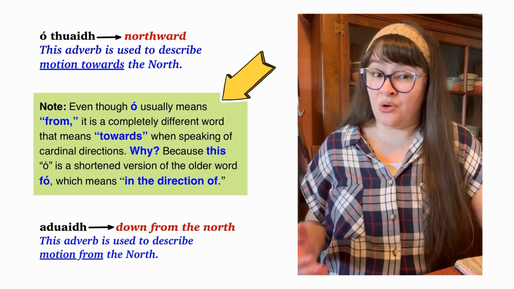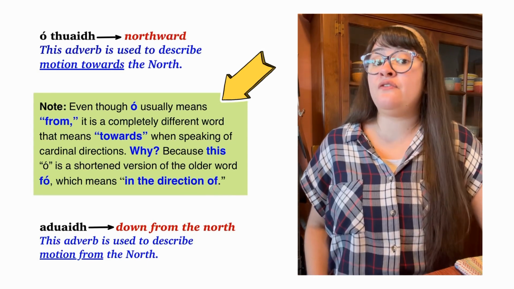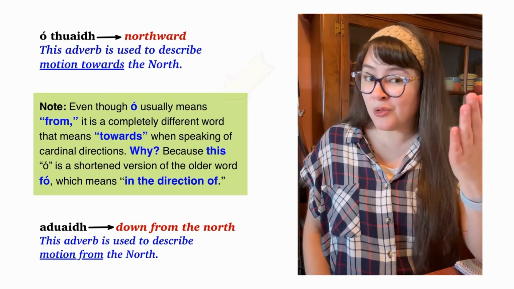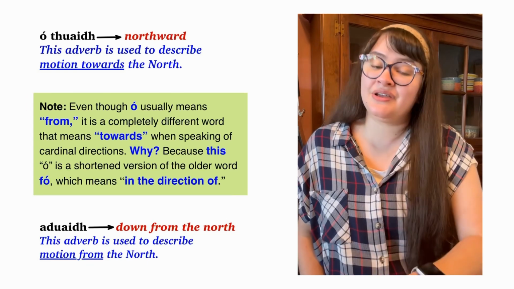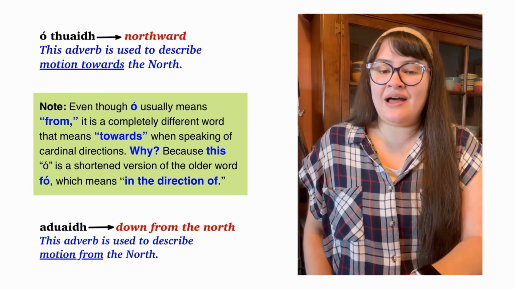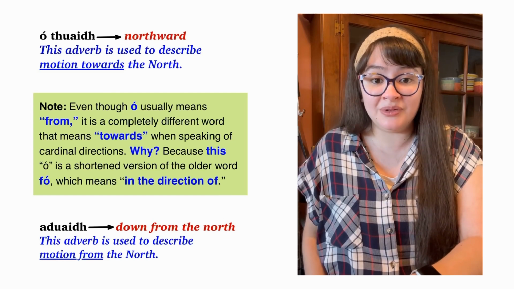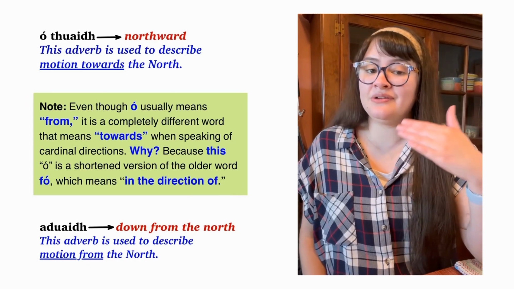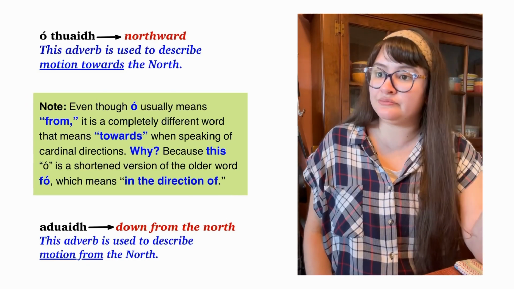Because this O is a shortened version of the older word fo, which means in the direction of. So that whole puzzle is one thing that had me confused about directions in Irish in the first place, because I was thinking, well, how can Ohue mean to the north if O means from? Shouldn't it be from the north? But no, this O is shortened from fo, which means toward, which I just said.